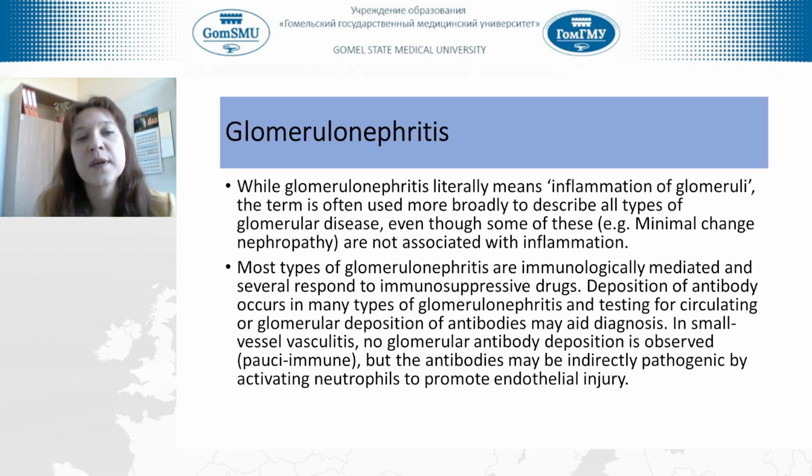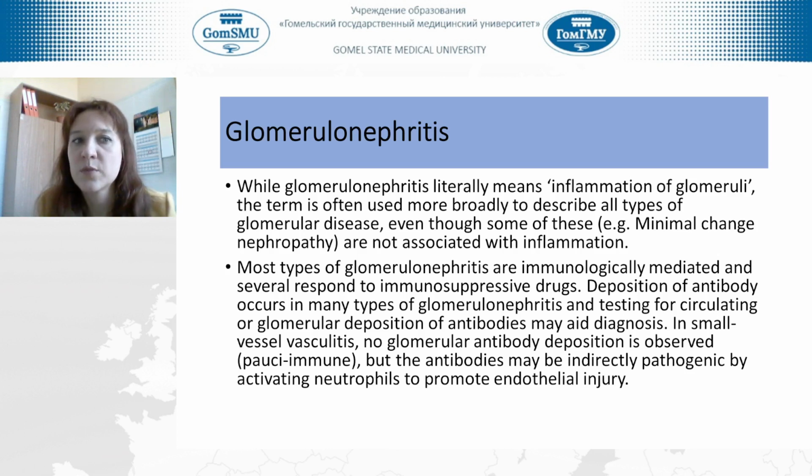Glomerulonephritis. While glomerulonephritis literally means inflammation of glomeruli, the term is often used more broadly to describe all types of glomerular disease, even though some of them, such as minimal change nephropathy, are not associated with inflammation. Most types of glomerulonephritis are immunologically mediated and respond to immunosuppressive drugs.